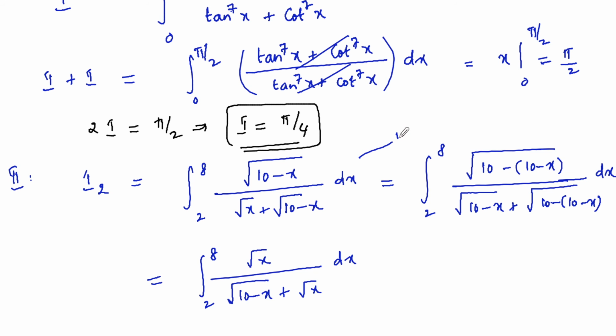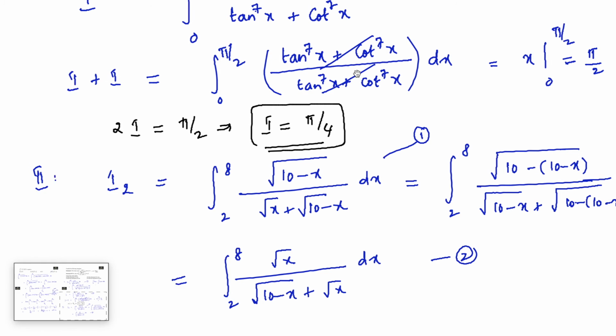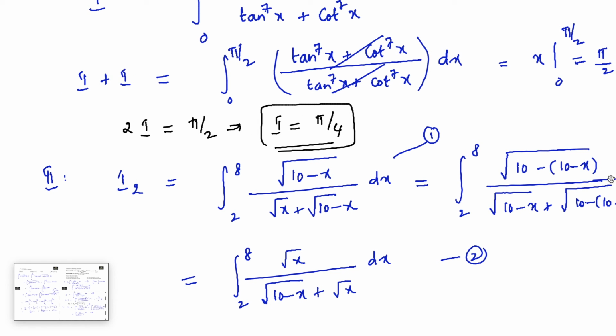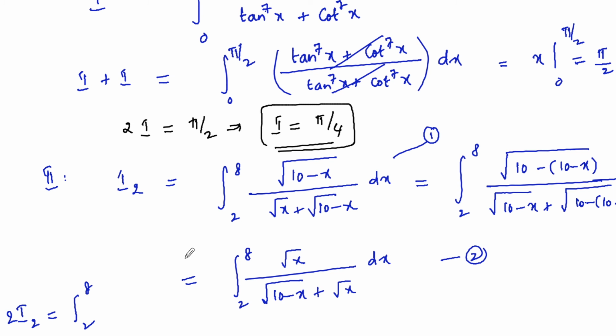Say this is 1 and this is 2, and again adding 1 and 2. So I2 plus I2, that is 2 times I2, is equal to integral 2 to 8 of 1 dx, that is nothing but x from 2 to 8, which is equal to 8 minus 2, that is 6.